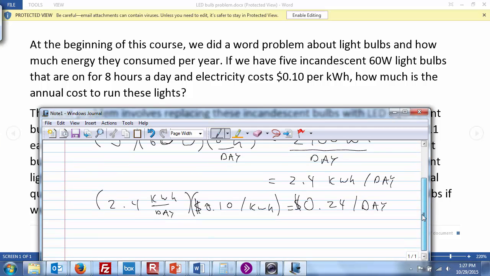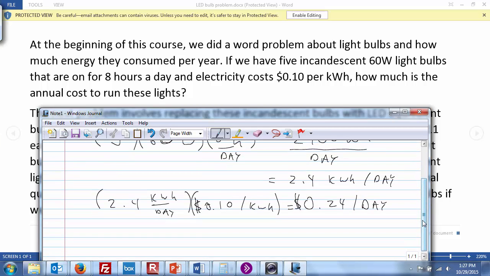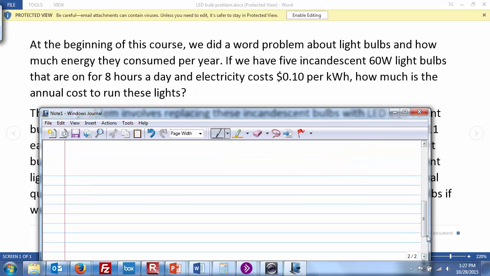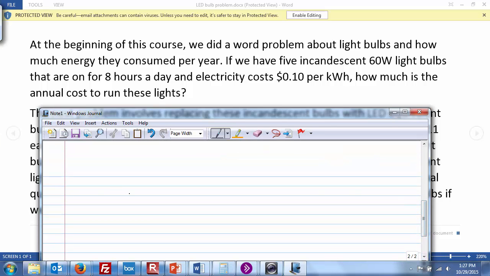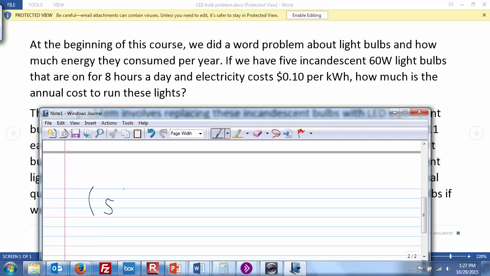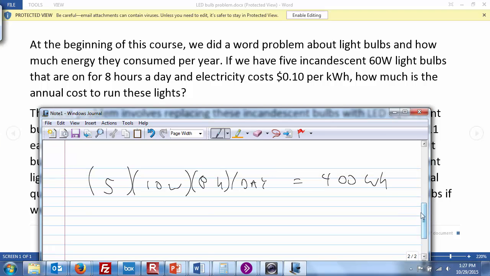We can do the same thing with the LED. They operate at 10 watts. So it's 5 times 10 watts times 8 hours per day, which gives us 400 watt hours per day.